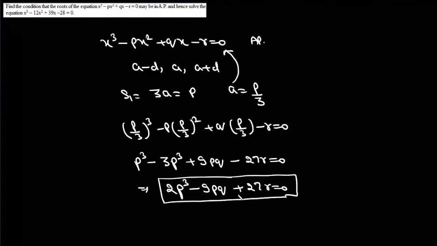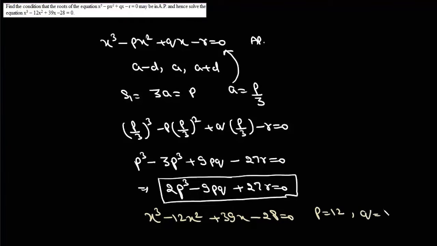Now we are given this cubic equation, which is x cube minus 12x square plus 39x minus 28 equals 0. Now if we compare it with the given equation, we can write p as 12, q as 39, and r as 28.